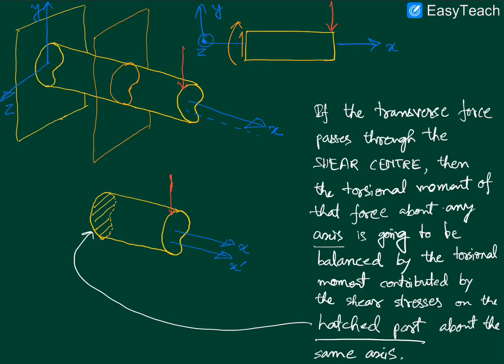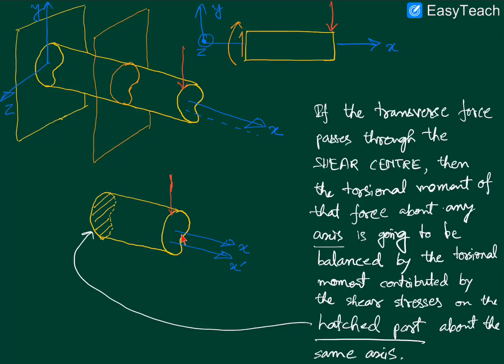Now let's come down to the practical aspects of this calculation. You see, we have done this discussion in association with a beam having such an arbitrary cross section, and whatever we have discussed here is going to hold true no matter what kind of cross section we have. But in practice, it is not very easy to find out the distribution of shear stresses given any irregular cross section.